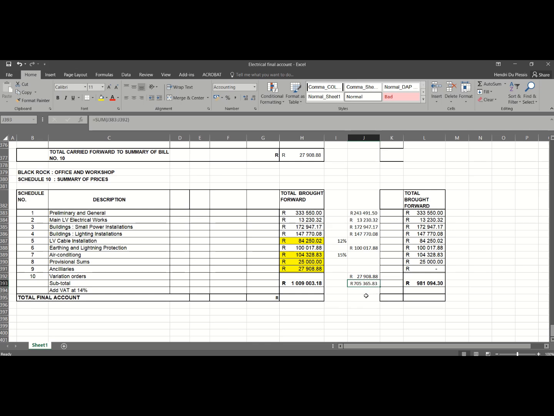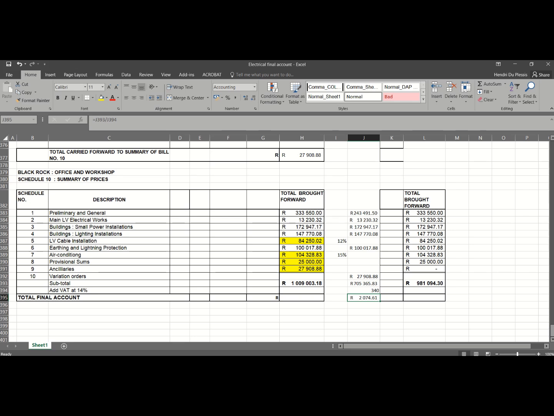Okay, so we get to our new rate, and for this building it was more or less 117 times 2, so we had a construction rate of 2,000 Rand per square meter.